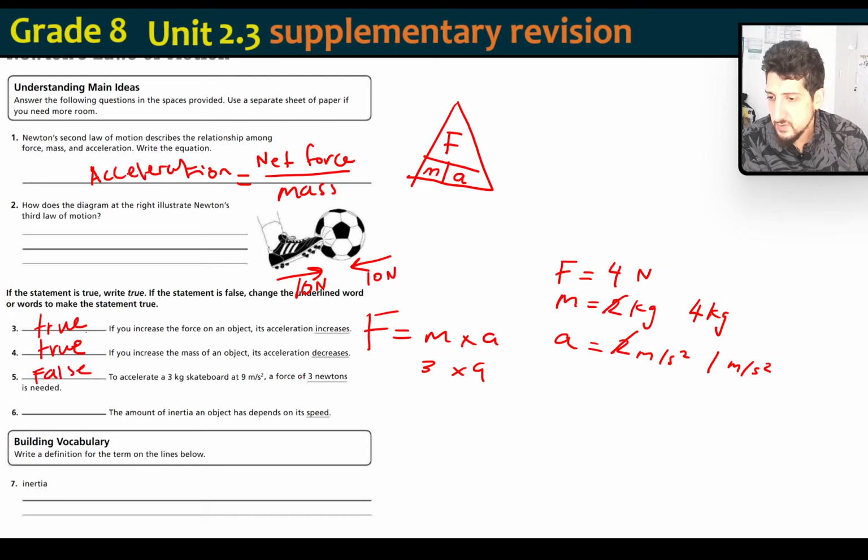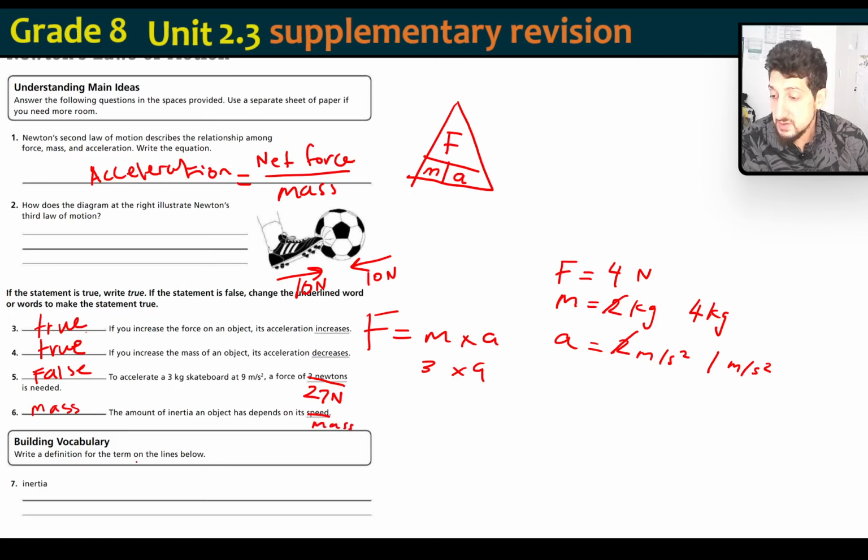Because it's not 3, we need 27 newtons. And finally, number 6, oh no, not finally. The amount of inertia an object has depends on its speed. No, it depends on its mass. The more mass you have, the more inertia you have.